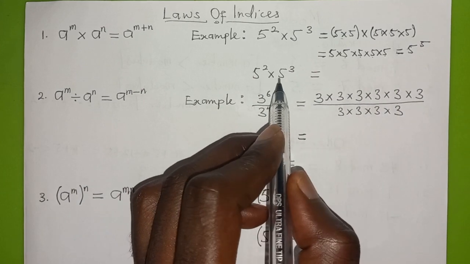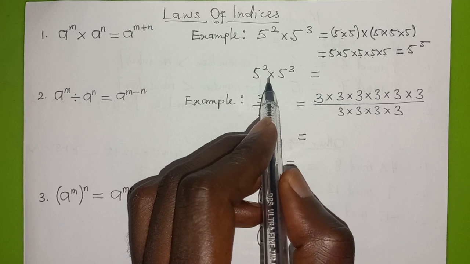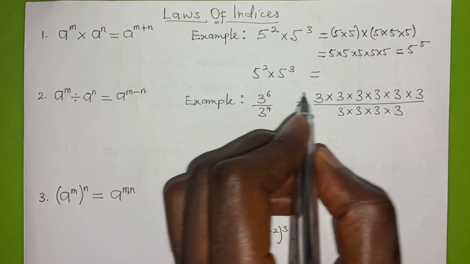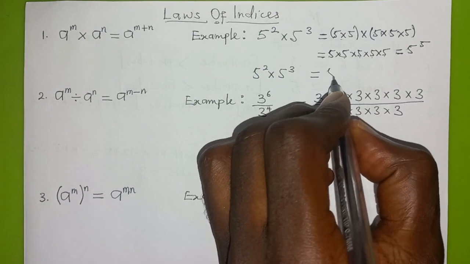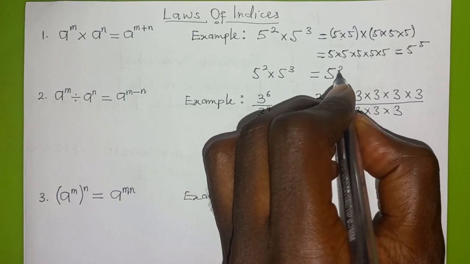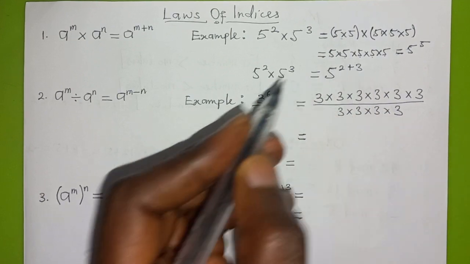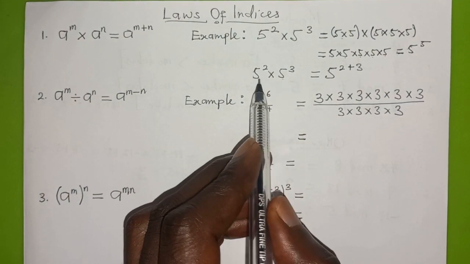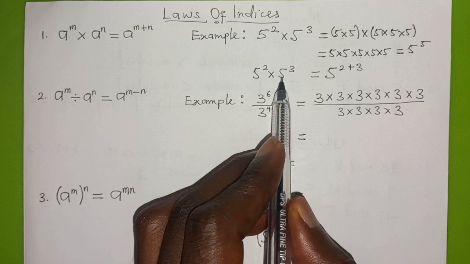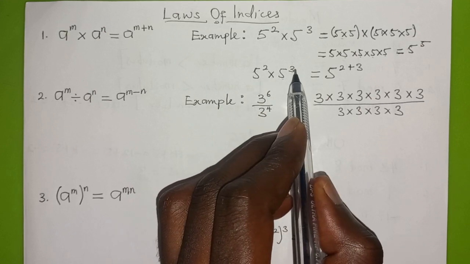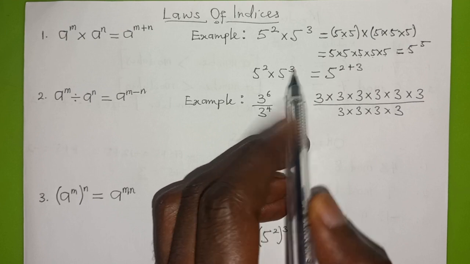All right, so in this example, which is the same as this, would become 5 raised to the power 2 plus 3. We said that anytime the same number is multiplying each other, their powers are going to add. So 2 would add to 3.